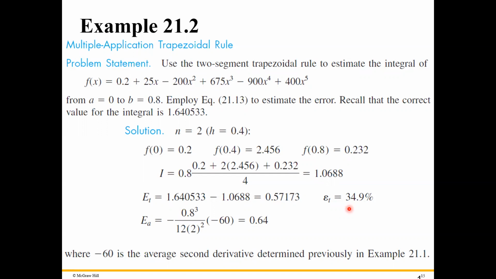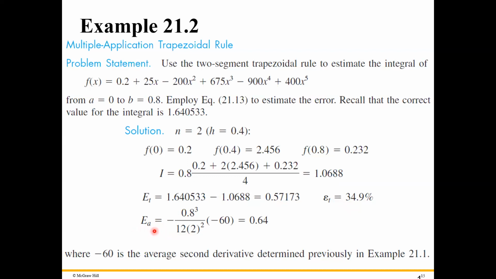So you can see that by increasing the value of n from 1 to 2, the error has decreased from 89% to 35%, so that means a reduction of about 4 times. In this case, the percentage of error is the true percentage of error.